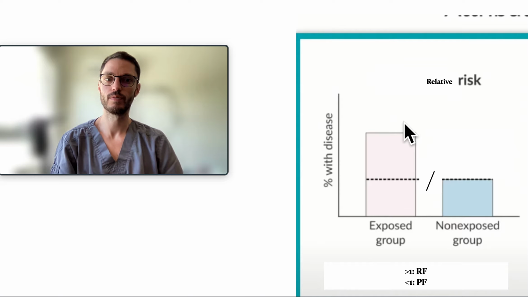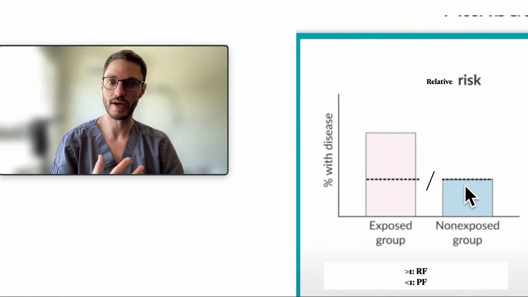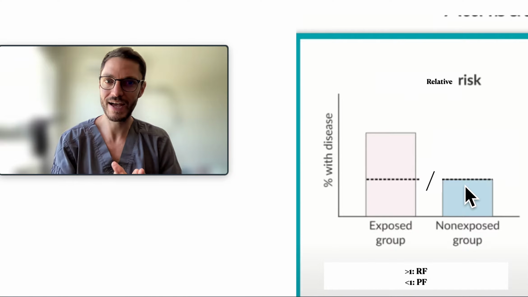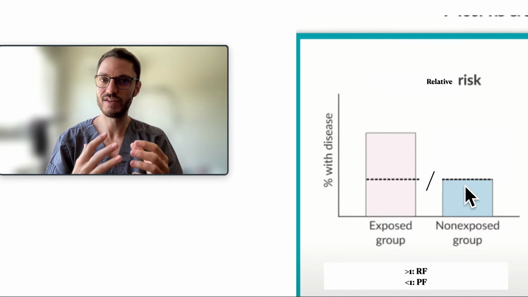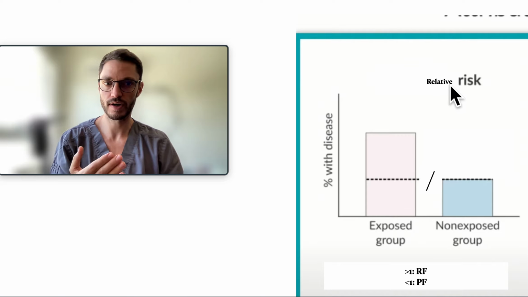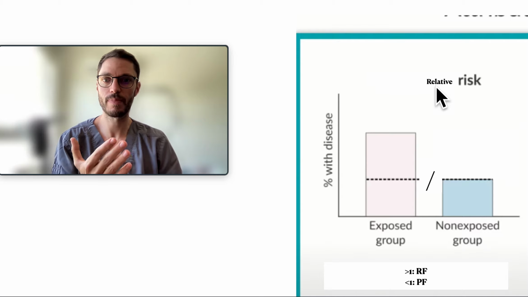Okay, so let's try to make this into a graph form, because if we try to imagine this, it will be much easier for us to understand it. So what was relative risk? Relative risk, as the word implies, is relative to something. You're comparing something.